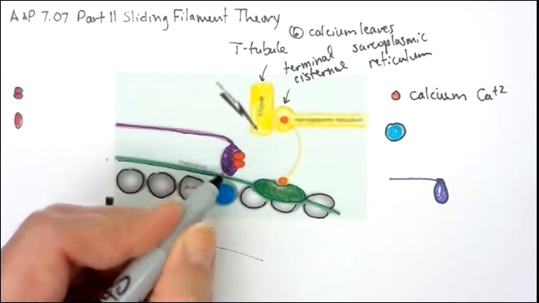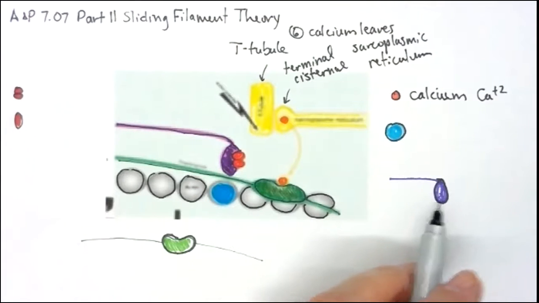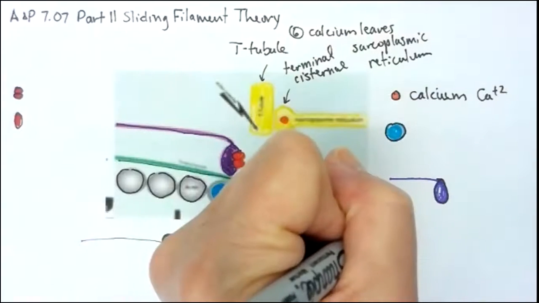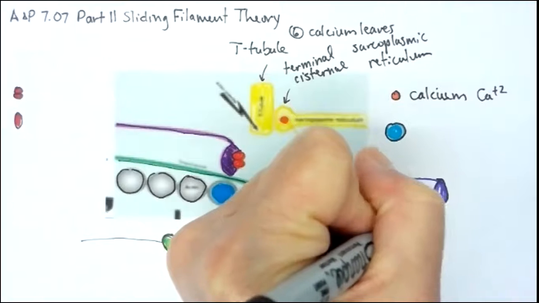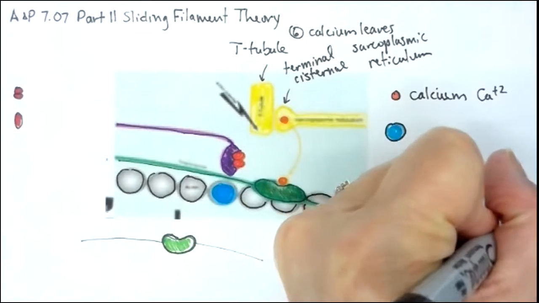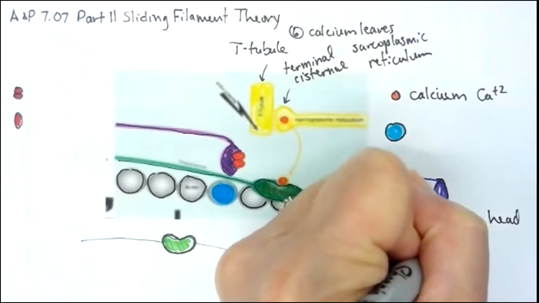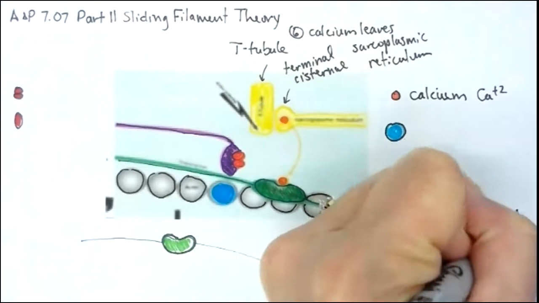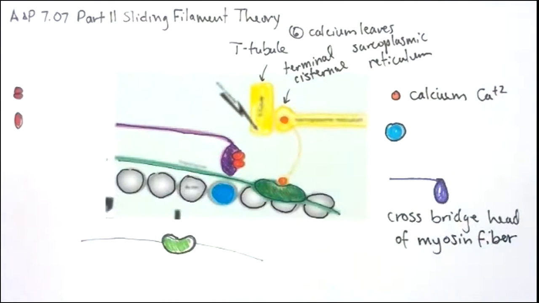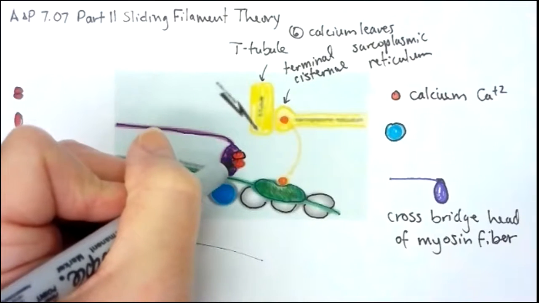Looks like a golf club, right? That's the myosin fiber, and this is a cross bridge head of myosin fiber. You'll notice that it has 2 small circles here, 1, 2.